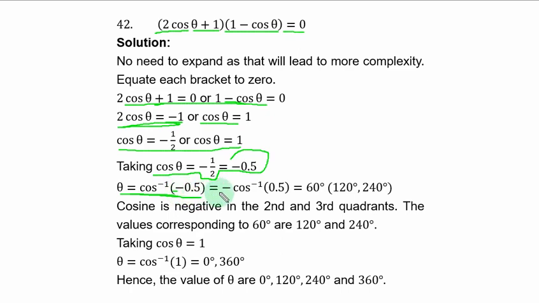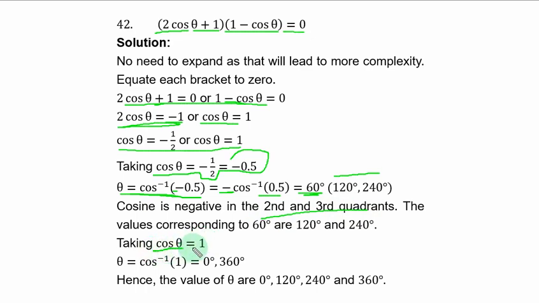So you write it outside. If you check the inverse of cosine of 0.5, you have 60 degrees. These other values are from the other two quadrants where cosine is negative. That is the second and third quadrants.